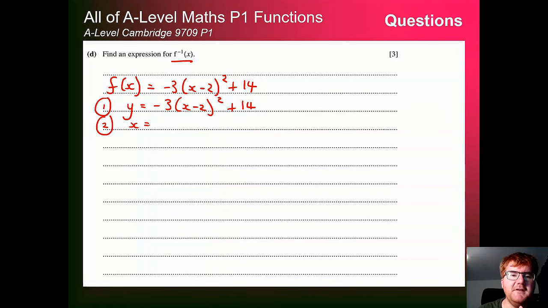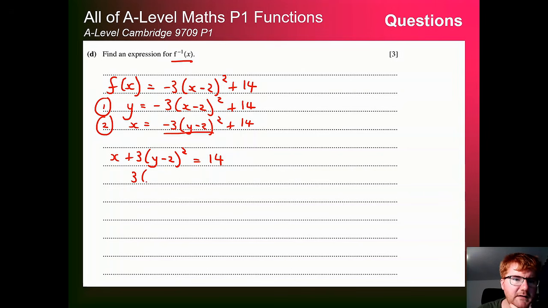So we're going to swap over the x's and y's, like so. I tend to flip at this point as well. Actually, I think I won't in this case. So what I'm going to do to avoid negatives, I'm going to add this on both sides. So I'll get x plus 3(y minus 2) all squared is equal to 14, then minus through dx. I'm a person that tries to avoid negatives at all costs. 14 minus x, then we divide through by 3.